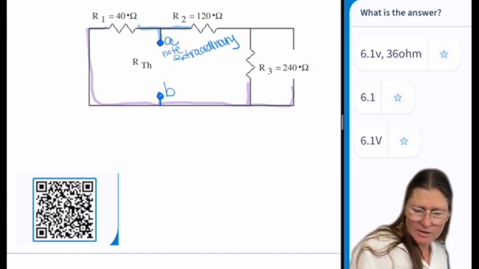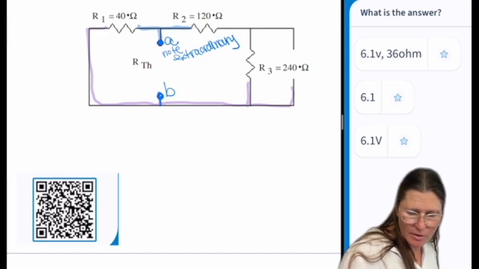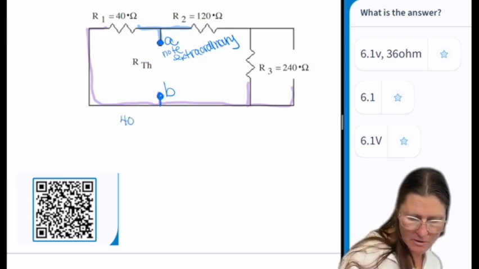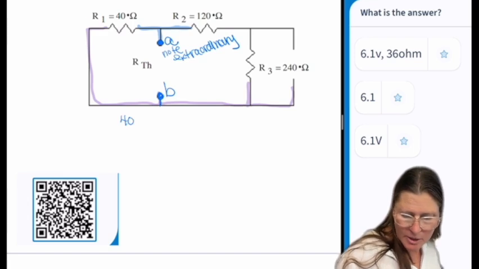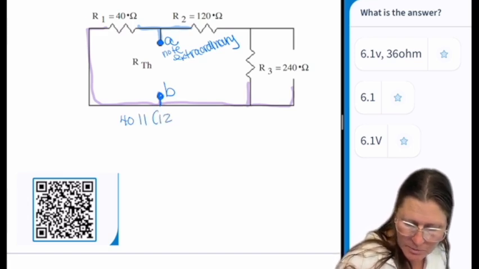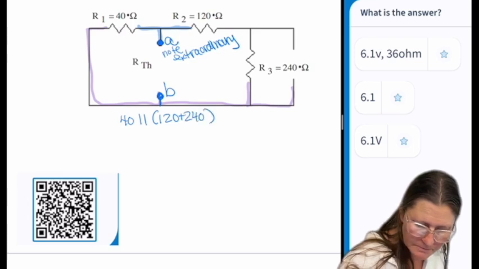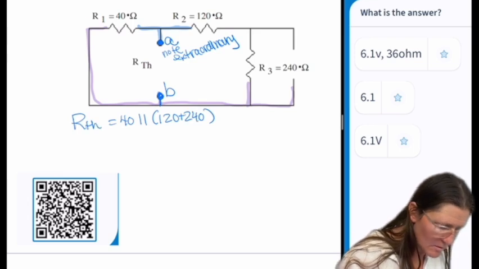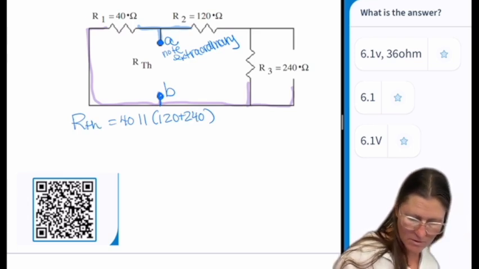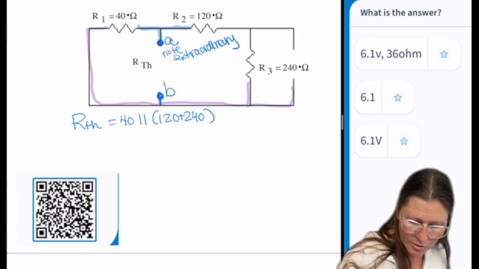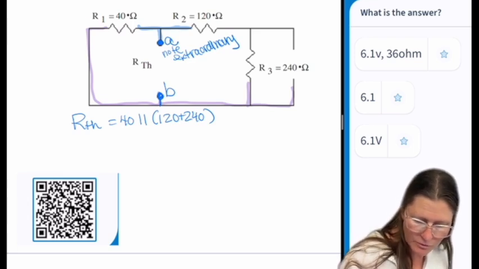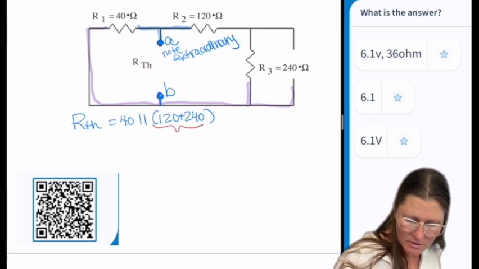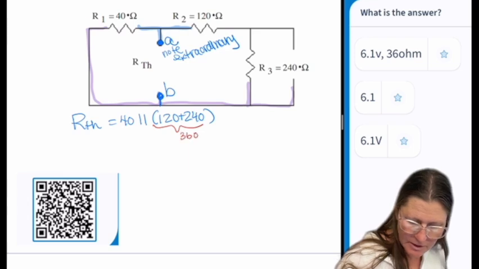So with that, hopefully you can see that you have 40 in parallel to 120 plus 240. So the 120 plus 240 is 360.